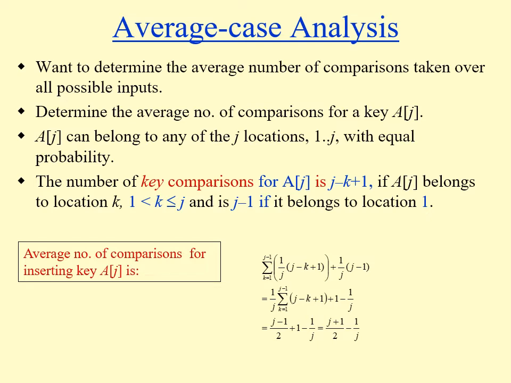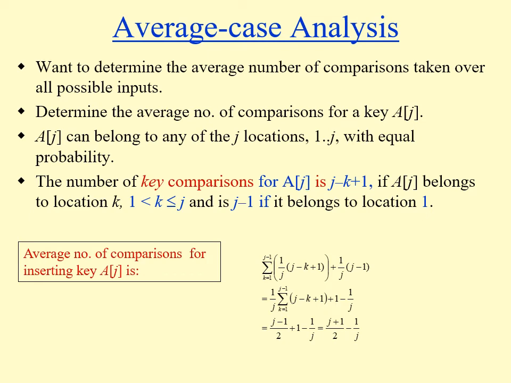And then if it belongs to location 1, that's also 1 over J, and the number of key comparisons is J minus 1. So we have all of them together. I think there's a mistake here.